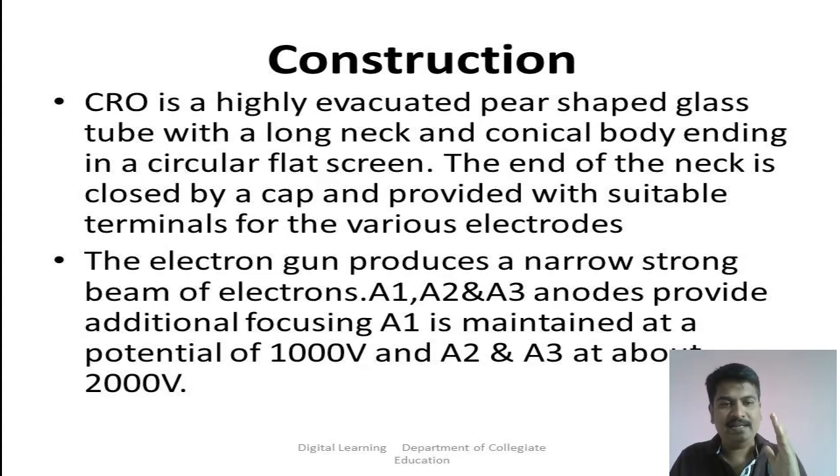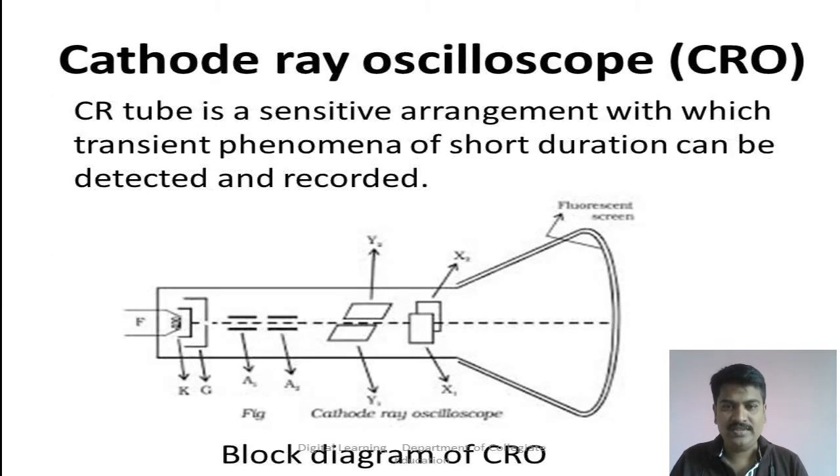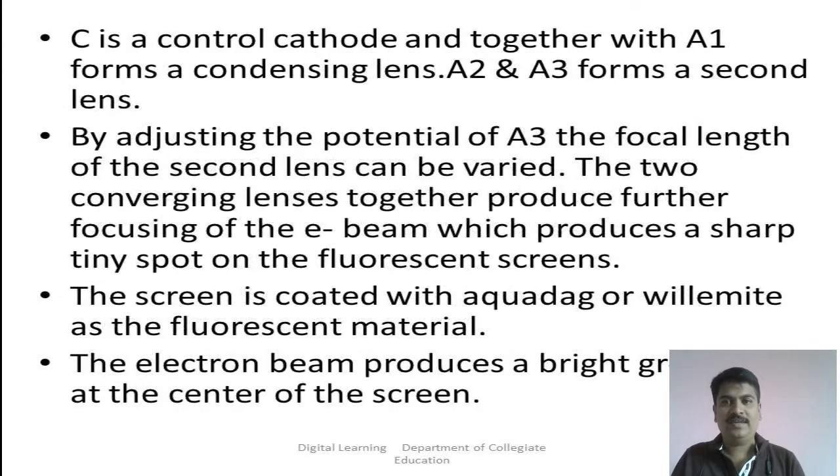A1 is maintained at 1000 volts and A2, A3 are at about 2000 volts. In this figure only two anodes are shown, and the third anode is not shown. We'll move on to the next thing.